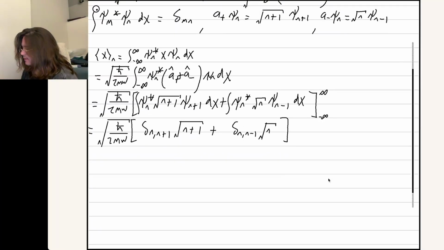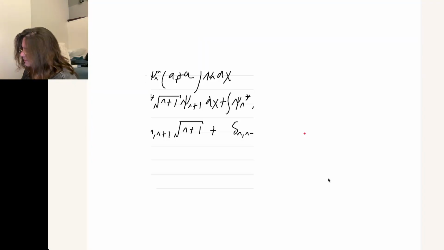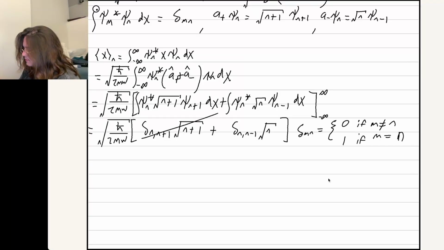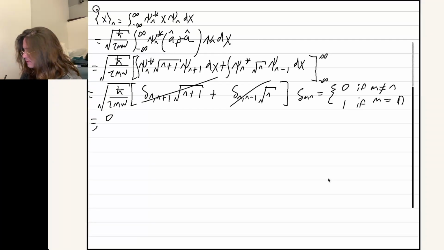And so both of those Kronecker deltas are 0 because the Kronecker delta is defined as being 0 if m is not equal to n and 1 if m equals n. So both of these go to 0, and so for any wave function in the quantum harmonic oscillator, the expectation value of x is 0. So that's lovely.